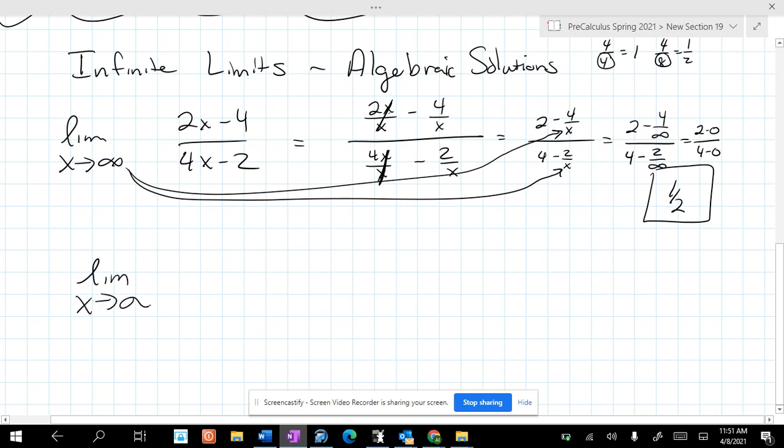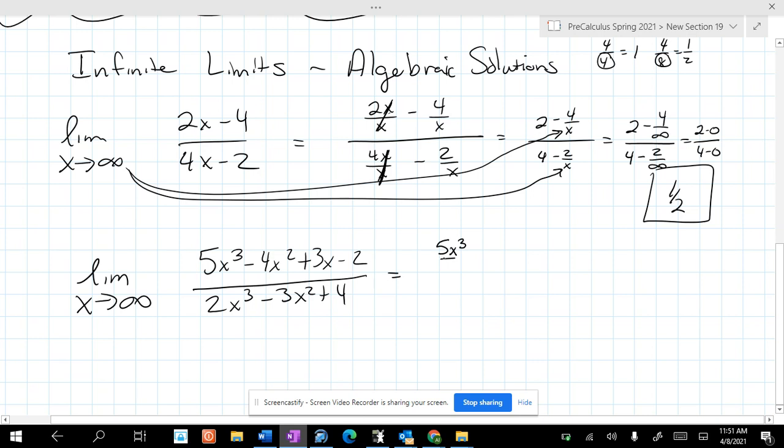As x approaches infinity of 5x cubed minus 4x squared plus 3x minus 2 over 2x cubed minus 3x squared plus 4. What's the highest power that appears in the denominator? X cubed. So you're taking everything divided by x cubed.